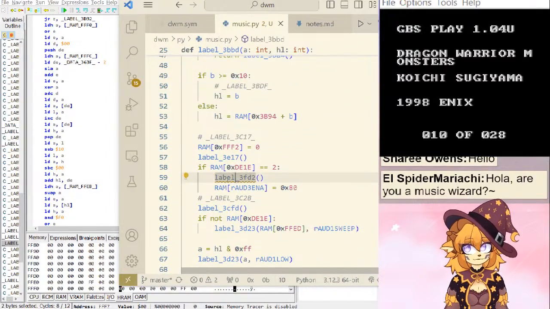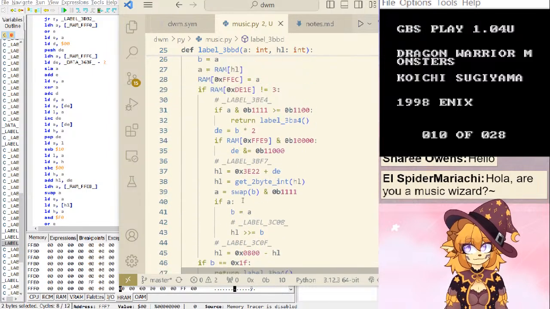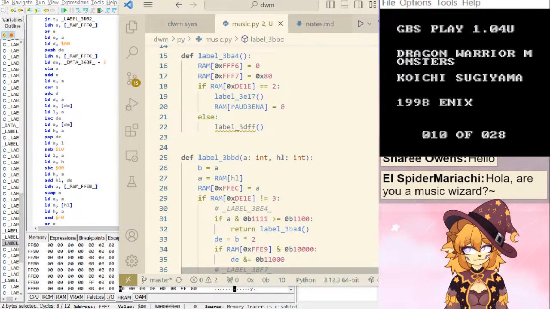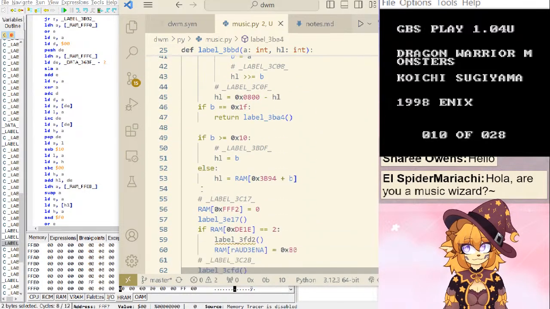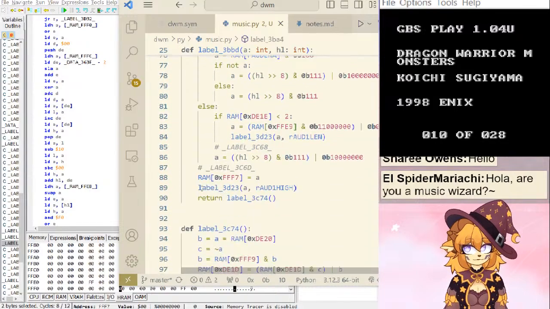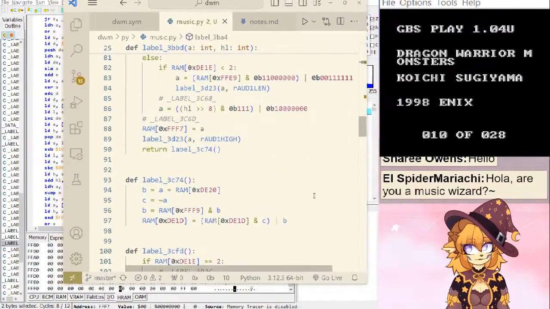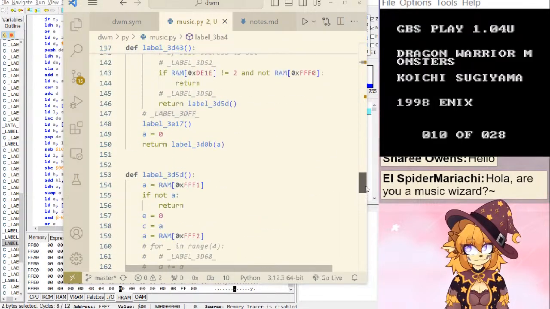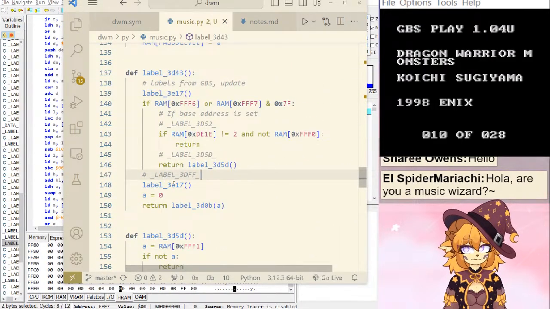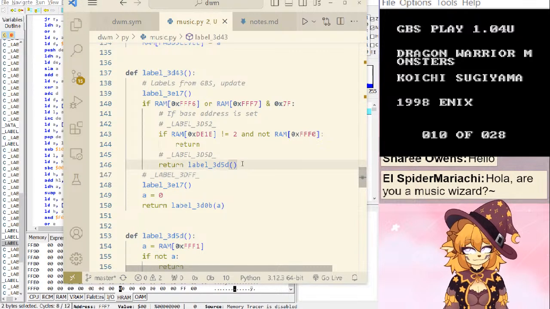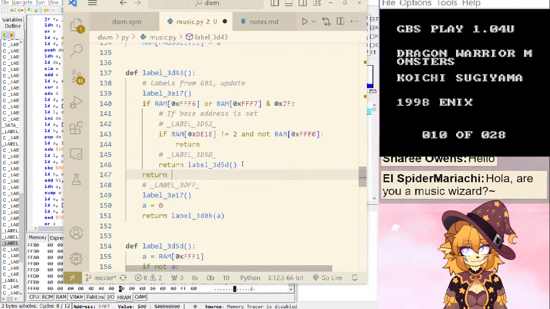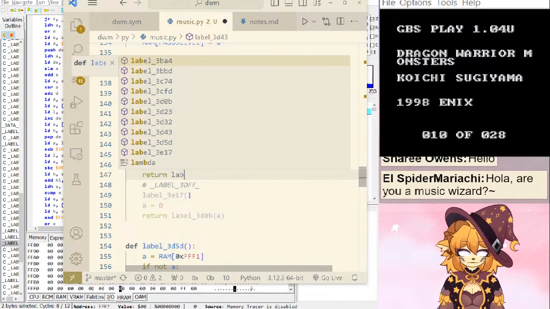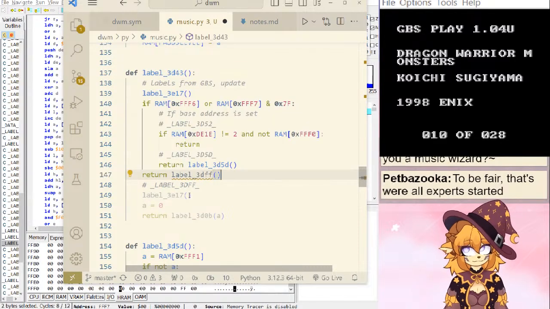This function. Oh, 3D FF as well. Yeah, the scroll bar. So 3D FF is this part. Go ahead and just say return 3D FF.